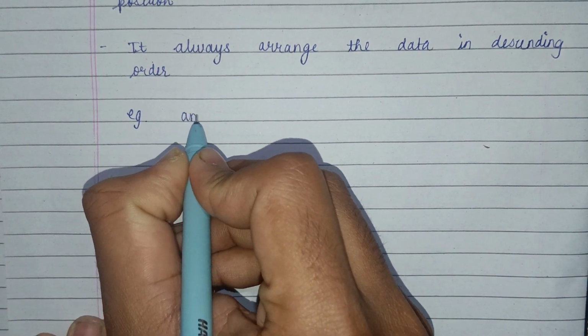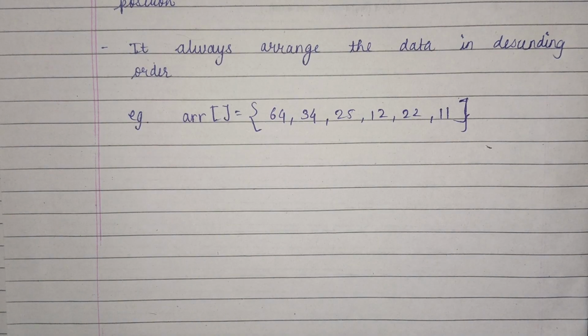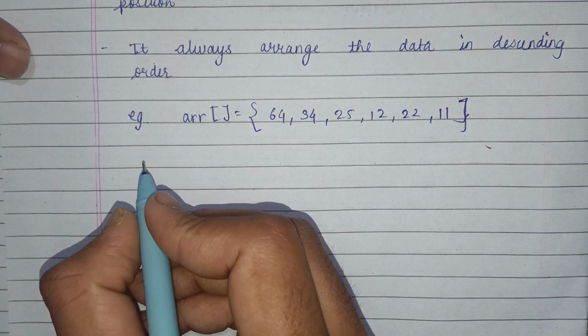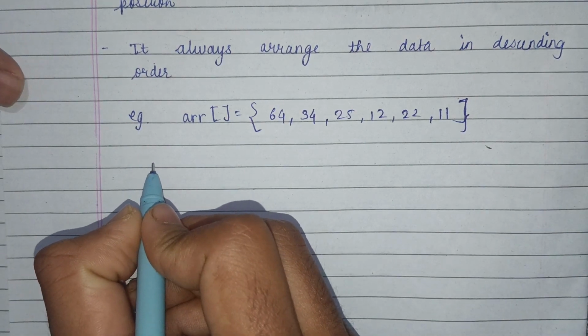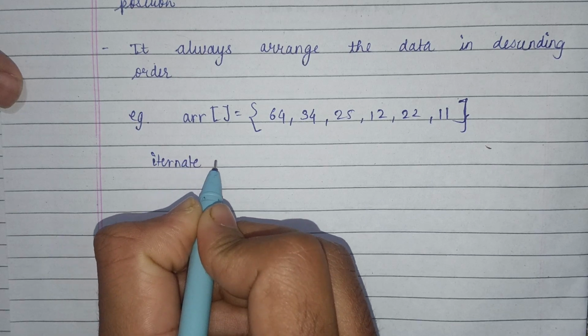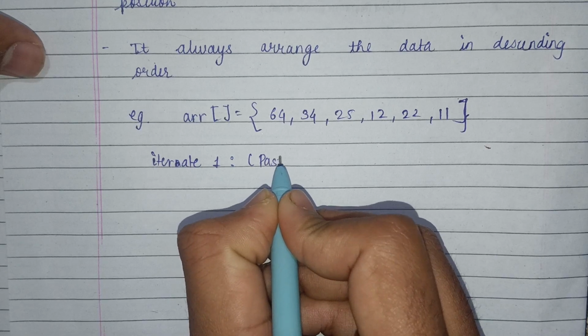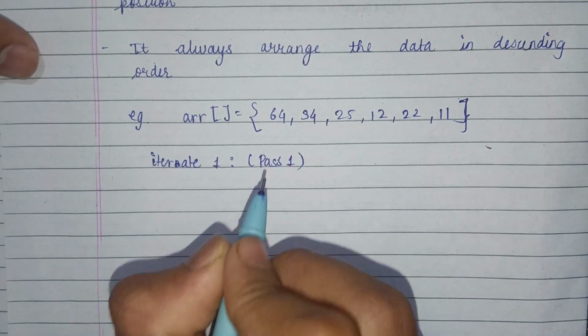So I have taken an array here. I have created an array here, and let's see now. Iteration 1, or we can say pass 1.